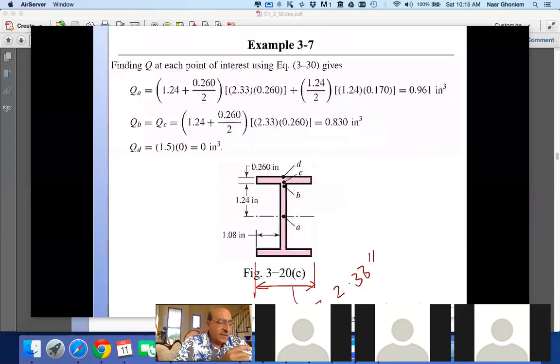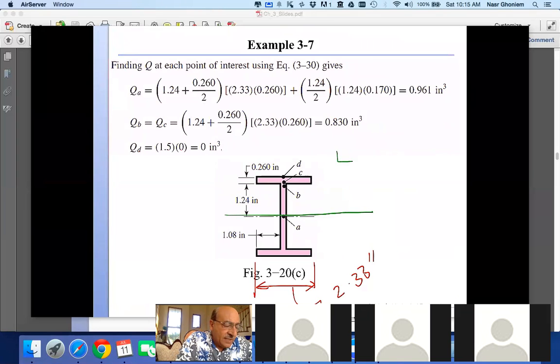Q is the moment of area about the common centroid, or the neutral axis. So if you look at the neutral axis right here, I'm trying to find the moment of area about that neutral axis.